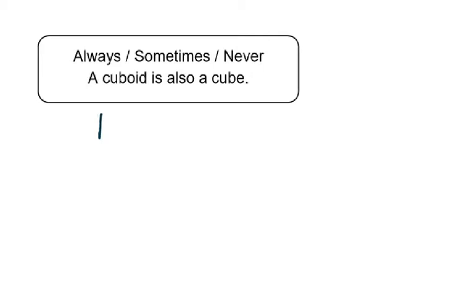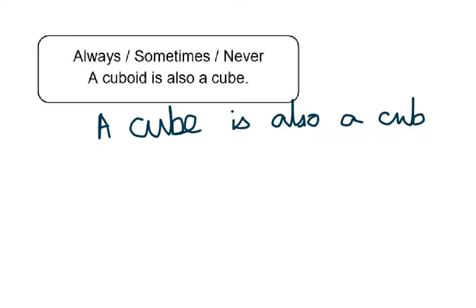We can also think about this the other way around, actually. A cube is also a cuboid. Think back to when we said that a square is a rectangle, but a rectangle is not a square. A square is a special type of rectangle.